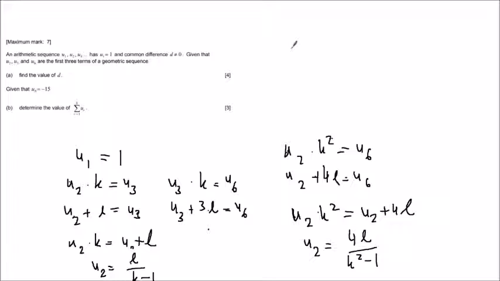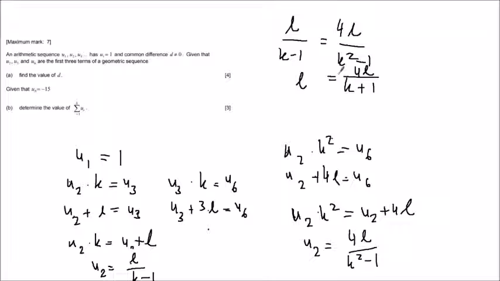I don't know if that solves anything or not. Let's try. L over k minus 1 is equal to 4L over k squared minus 1. So what we're going to get is k plus 1, 4L over k plus 1 is equal to L. And then, wait, this might be a miracle.